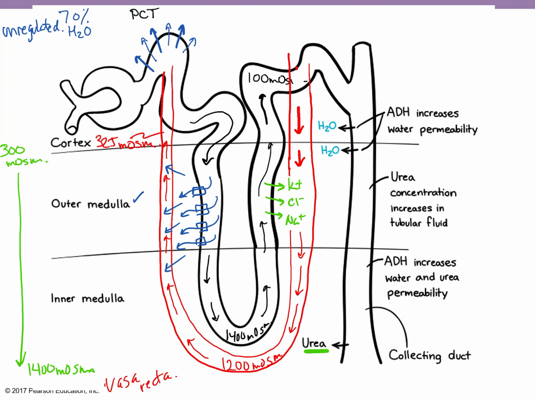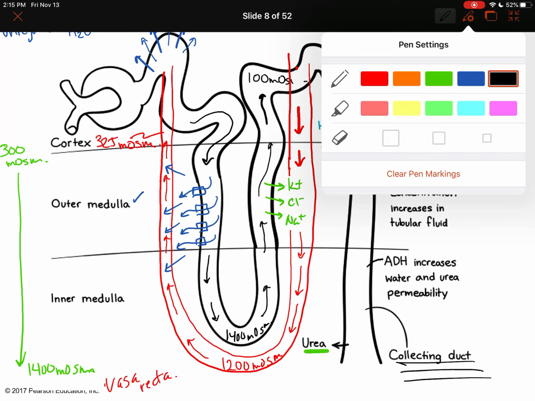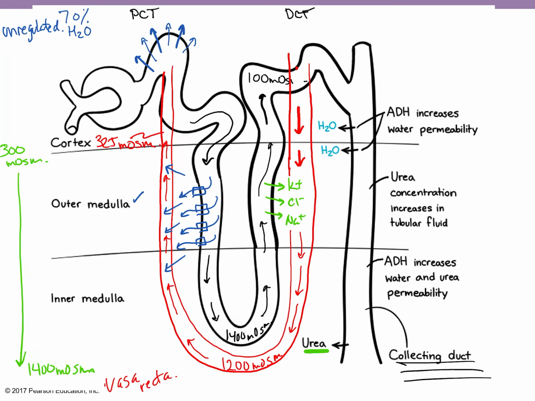So here is the DCT, and then the collecting duct is labeled for you down here. Okay, so the last section in your notes where it talks about water, about 20% of the water is reabsorbed in the DCT. And this is going to be regulated.